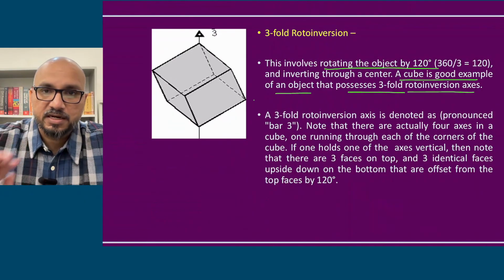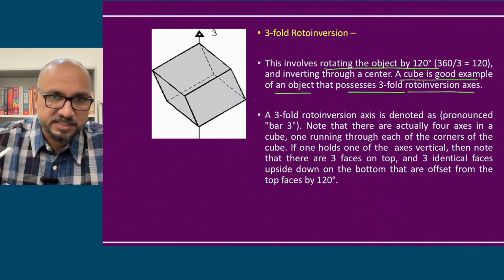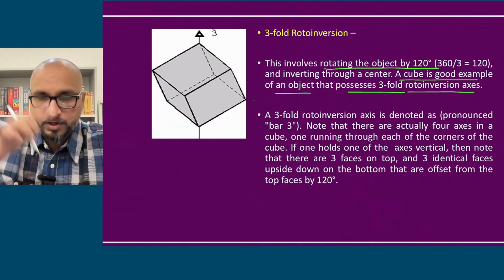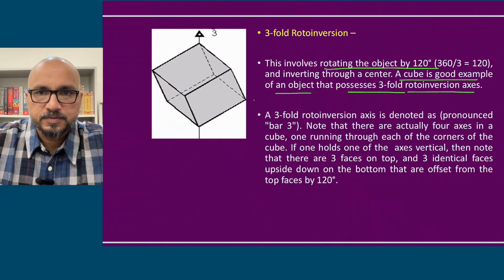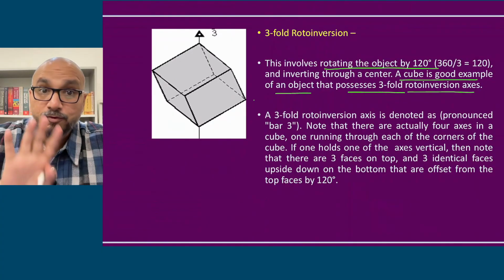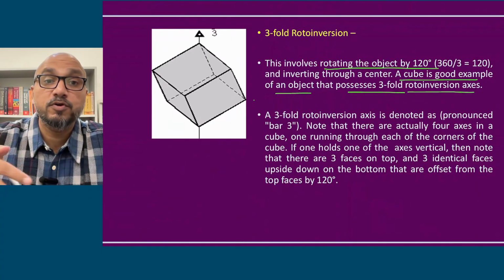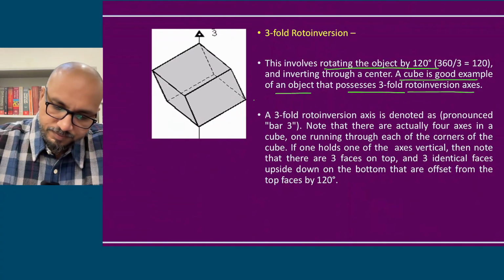The axis passing from one corner to the opposite corner, these are three-fold rotation axes in a cube. So there are four three-fold rotation axes or three-fold roto inversion axes.